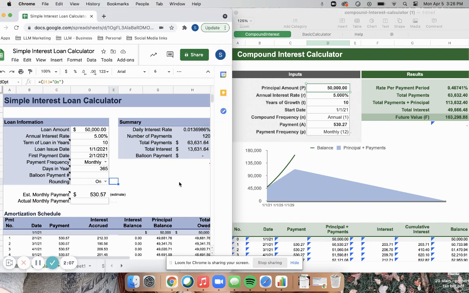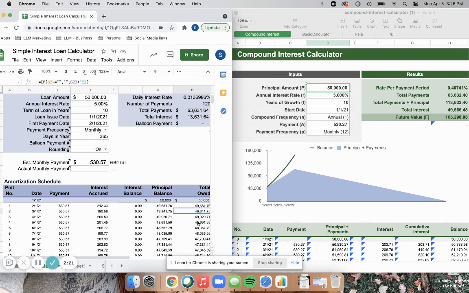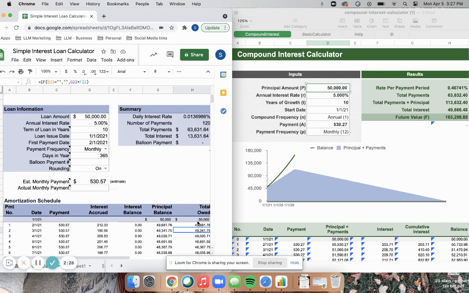Well, if we look at the simple interest, you'll notice there's no interest balance because no balance of interest accrues in simple interest. And so each time we make those payments, we're paying back and paying down the loan, right? And so if we look at the long and short of it, this is the number that matters.